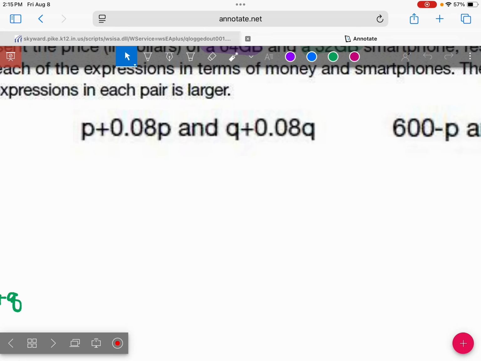I have one piece of cake and 0.08 of a piece of cake. Can I smush them together? I can smush them together. They're both pieces of cake. They're both P's. So if I have 1P plus 0.08P, I can rewrite that as 1.08 times P, right? Same thing.